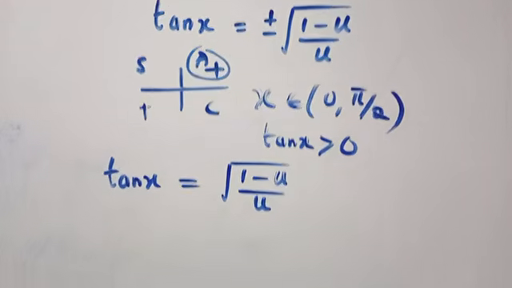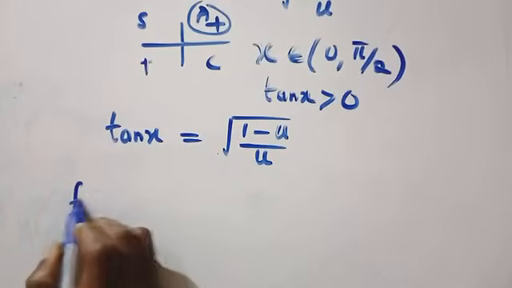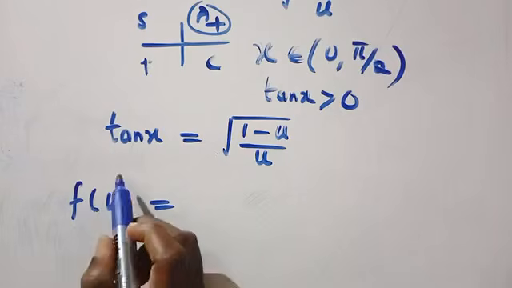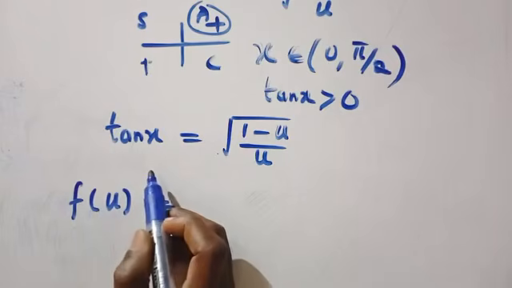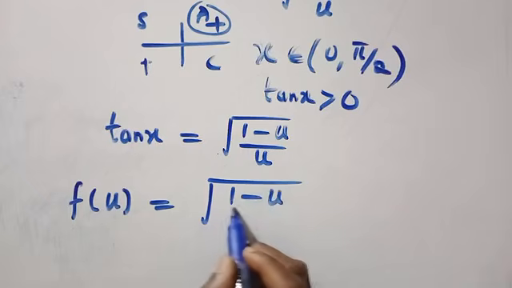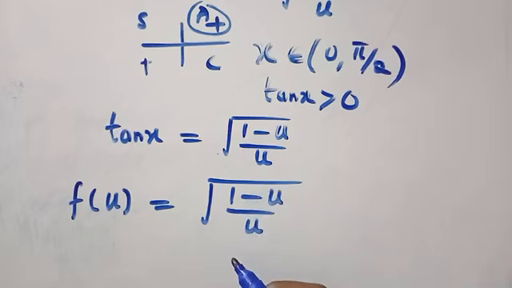And again, initially we have f of u equals tan x. Now tan x is given as the square root of 1 minus u divided by u. Let's try and understand the domain of this. f of u equals the square root of 1 minus u over u. There is u under here.